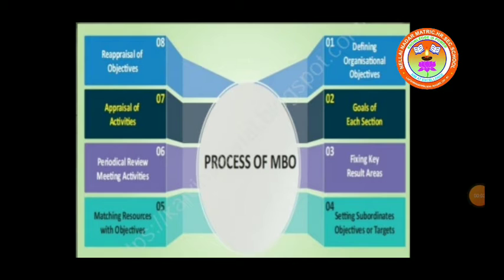Process of MBO. It is classified into 8 steps. Number 1, defining organizational objective. 2, goals of each section. 3, fixing key result areas, that is KRA. Fourth one, setting subordinate objectives or targets.